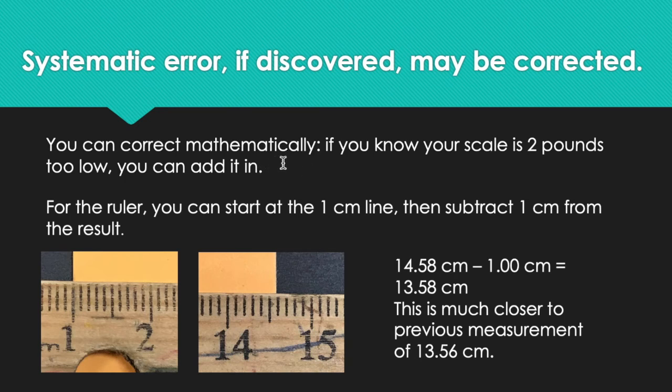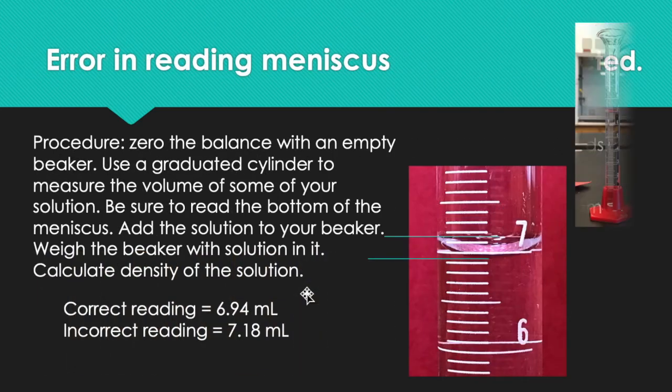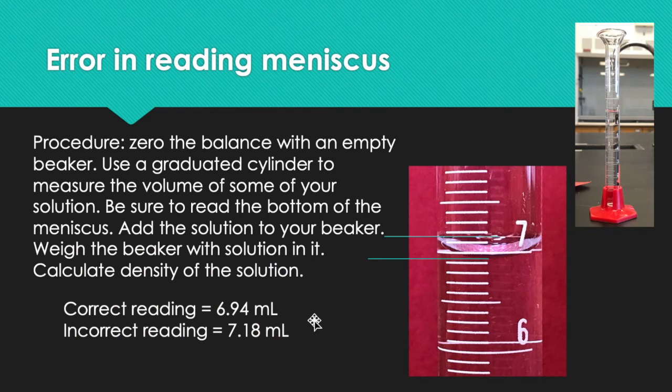Or possibly you can find the instructions for your scale and see if there's a button or a knob that you can adjust it with. So if you discover a systematic error, sometimes there is a way you can think to get around it or to correct for it.